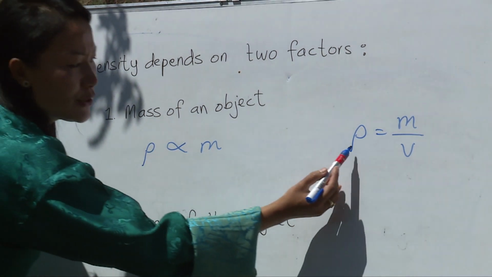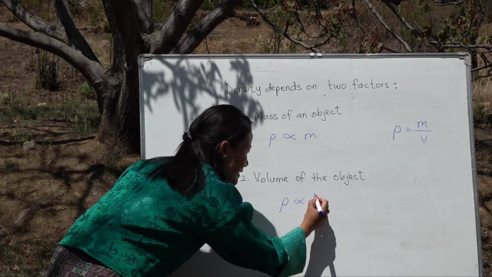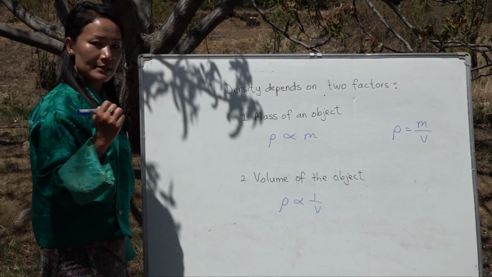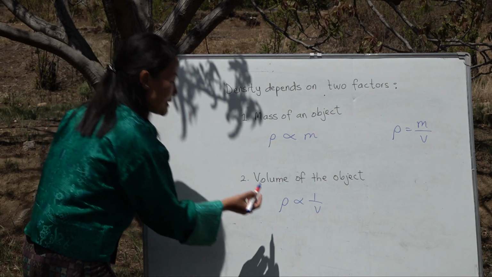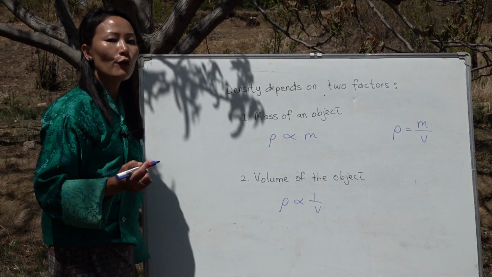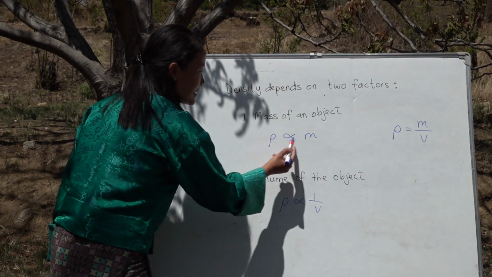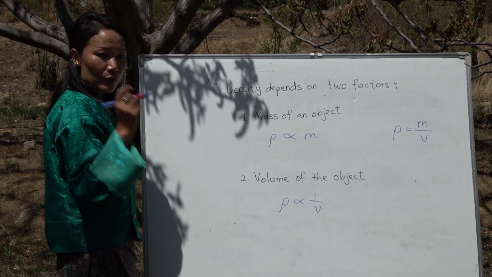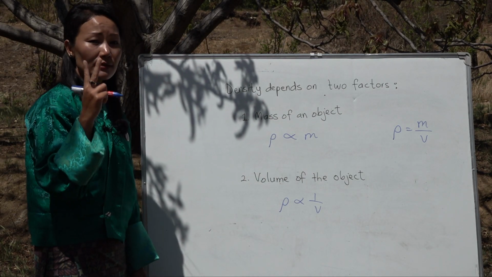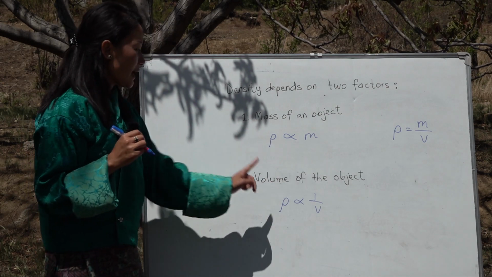Now coming to the volume, density is like this. So how do you read? Density is inversely proportional to volume. Inversely. This is directly. So there are two factors on which density depends: mass of an object and volume of the object.